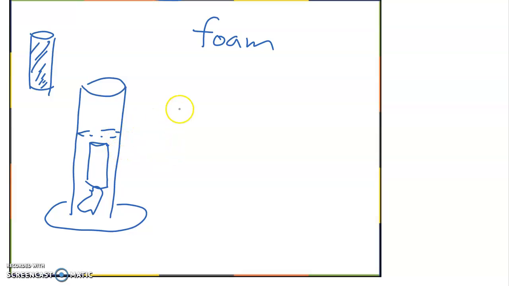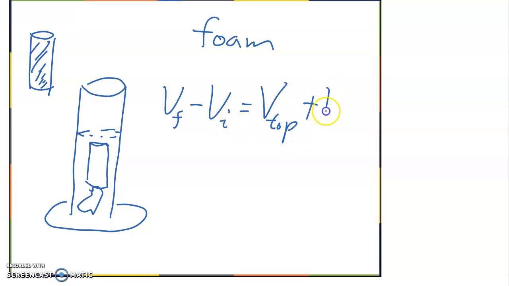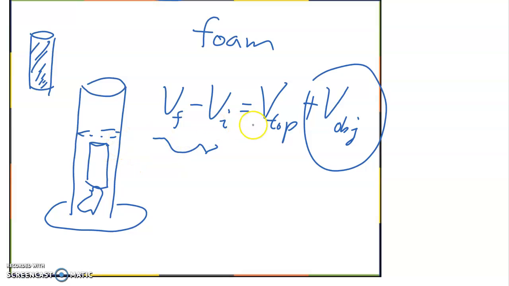So we can say V final minus V initial will be equal to the volume of this heavy metal on top, plus the volume of the object. That's how we can look at the difference in the water level and the known volume of this heavy metal on top. Yes, we can calculate for the volume of this object, and then we can calculate for the density.